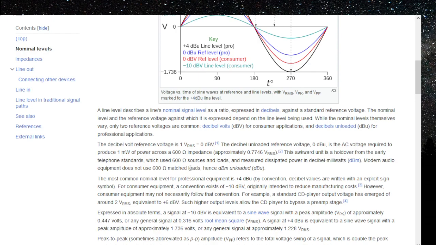So the decibel voltage range for 1 volt RMS is 0 dBV. 0 dB is the AC voltage required to produce 1 milliwatt of power across 600 ohm impedance, which is approximately 0.775 volts RMS.